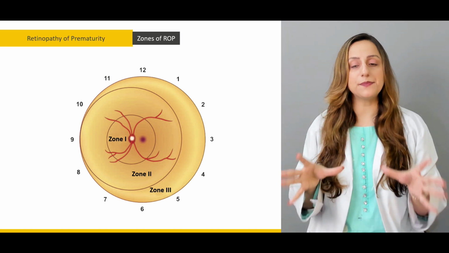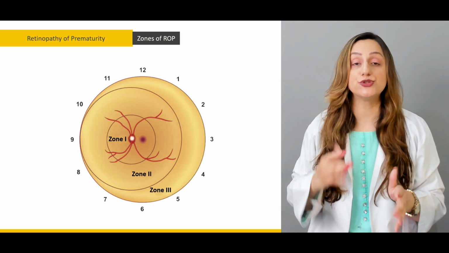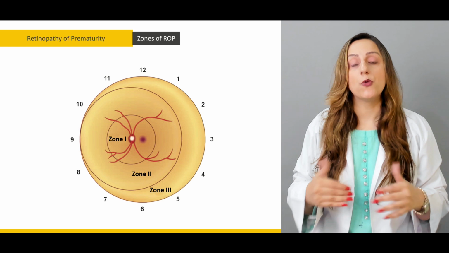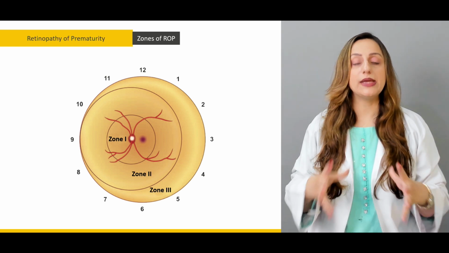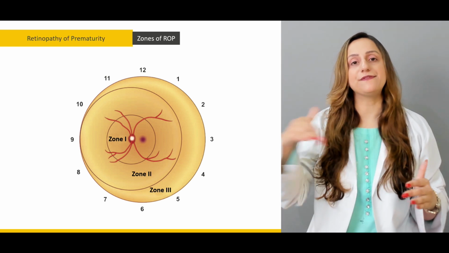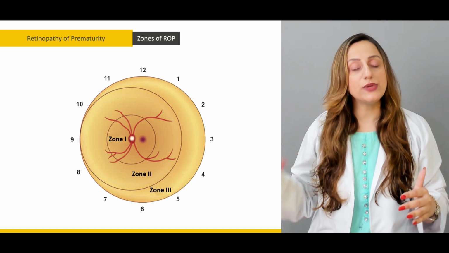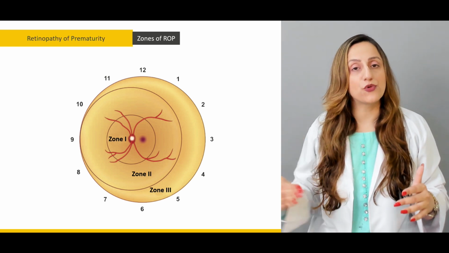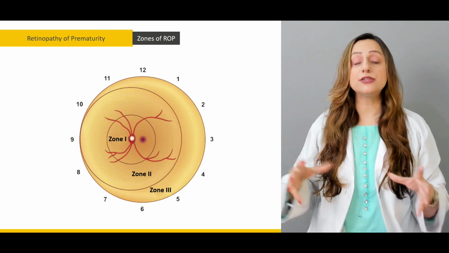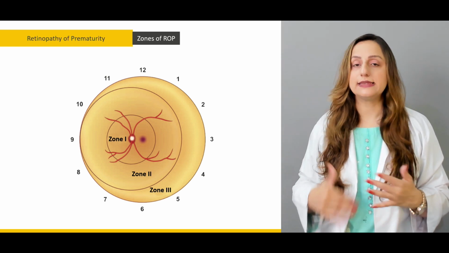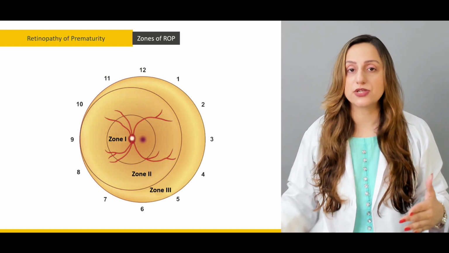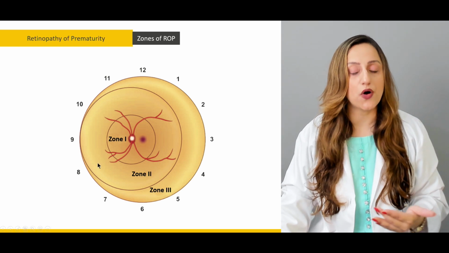So just to sum up this particular condition, you should know that the risk factor was the exposure to hyperbaric oxygen, which definitely led to the increase in the vascular endothelial growth factor and the insulin-like growth factor, and that led to the formation of new vascularizations in the different zones of the retina.